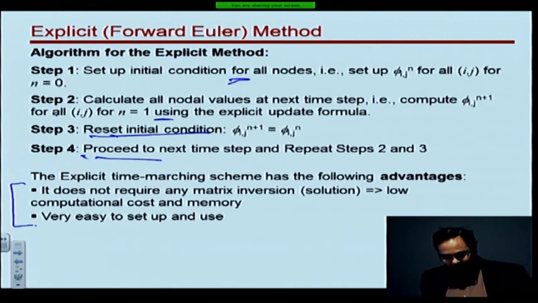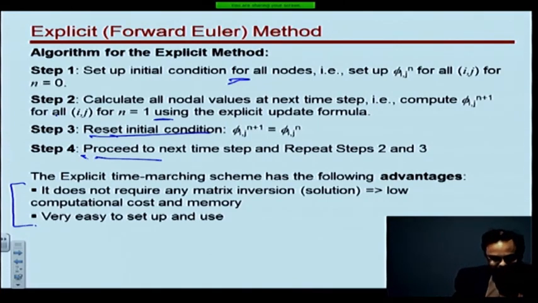These are the advantages, of course, and in fact these explicit methods, although not the first order Euler, but other explicit methods, are very popular in many computational areas. For example, when people do DNS of turbulence, typically they use explicit methods because storing the matrix and solving a set of simultaneous equations is a big headache when you have a large number of mesh points, as we've seen.